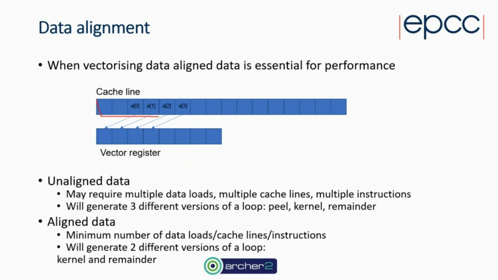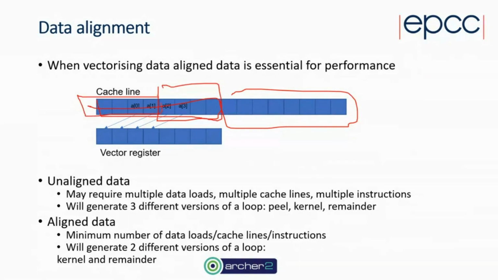So this is my first cache line, and this is my second cache line. If my array doesn't align with the beginning of that when I load it into memory, then it will have to do some work, because this part here would map directly into a vector register, but this part here wouldn't, and then this part here wouldn't.